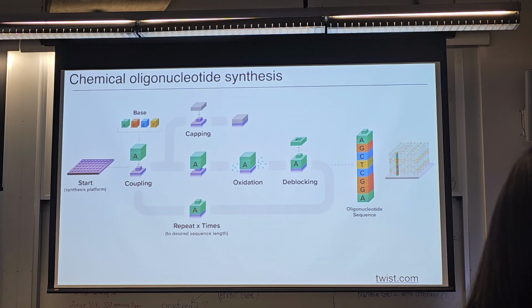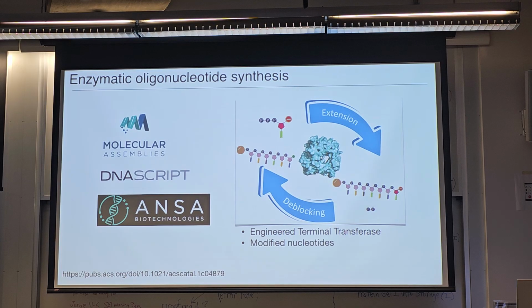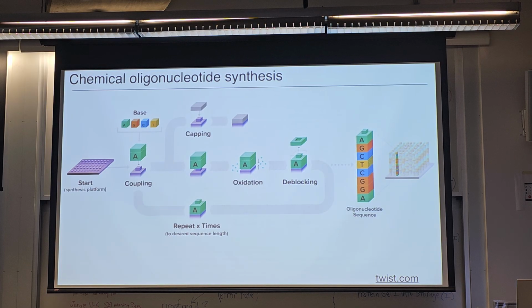So now you can build up these oligonucleotides to about 60 nucleotides without a problem. They can go longer than that, but then the error rate becomes a problem. So again, with chemical synthesis, you can synthesize the oligonucleotides, let them overlap, and then that's your gene. So this is a really chemical heavy process that creates a ton of waste, and you have to have really specialized facilities to do it.